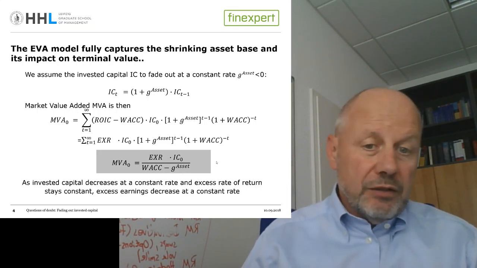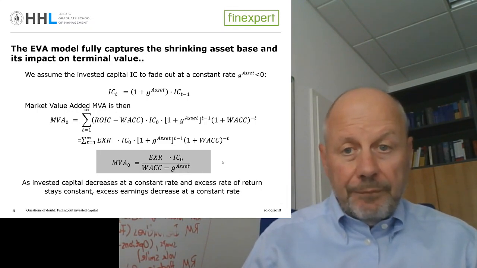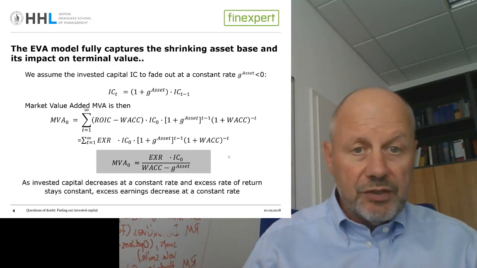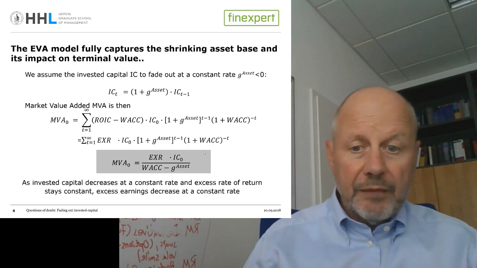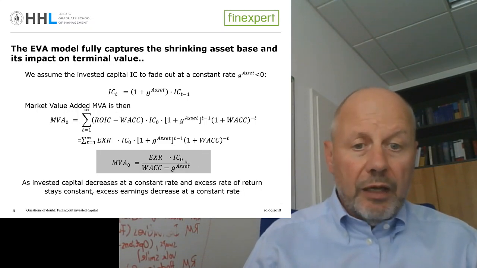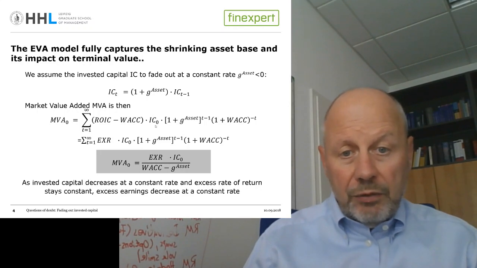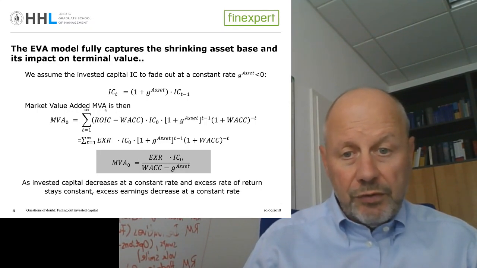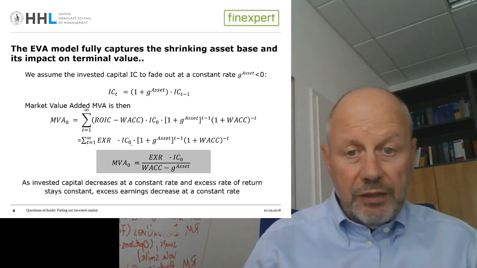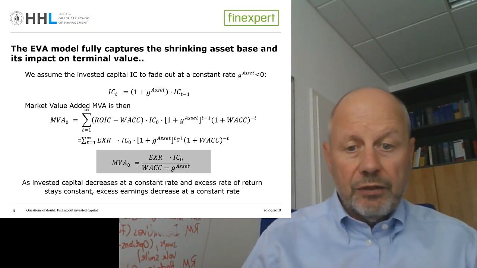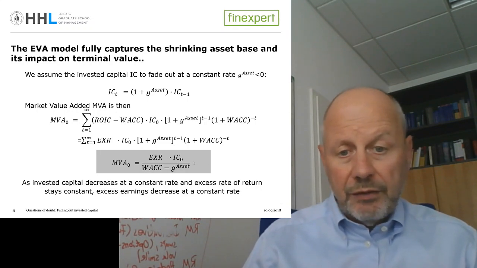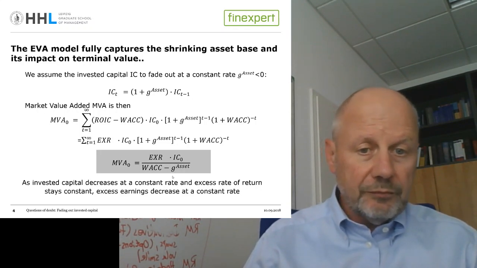So you can see that our EVA valuation model can easily cope with this case of a fading asset base. The reason is that as our asset base is declining at a constant rate, of course our excess earnings are declining at a constant rate, and that is then reflected in this equation.